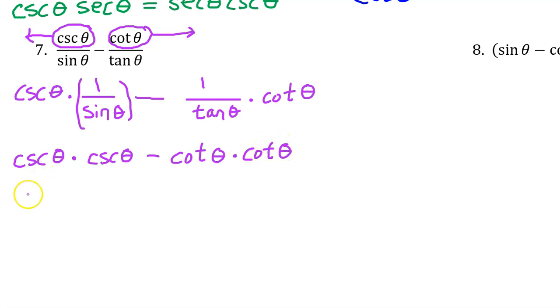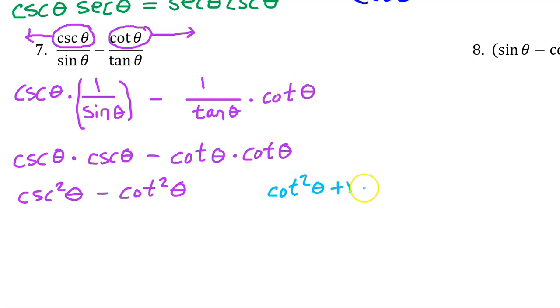Of course, this is cosecant squared theta minus cotangent squared theta. This reminds me of the version of the Pythagorean identity that goes cotangent squared theta plus 1 is equal to cosecant squared theta. Let's see. I'm trying to see how I could create this expression. I see the cosecant squared.